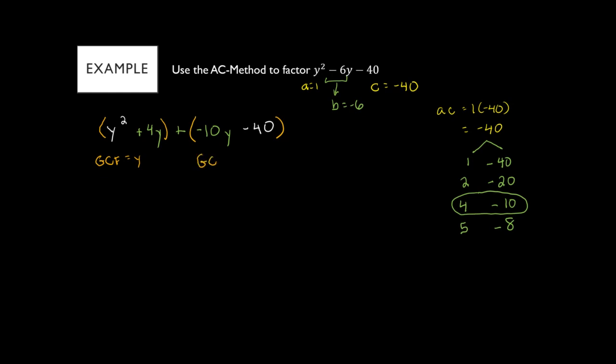The second group, if your first thing in the second pair is negative, you're always going to factor out a negative. And then I can divide them both by 10. So I have 10 and -40, basically -10, -40. I can divide those both by a -10 here, but I can't remove a y because there's no y in the -40 to remove. So these are my greatest common factors.